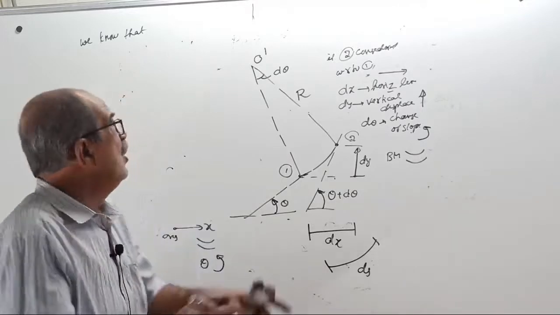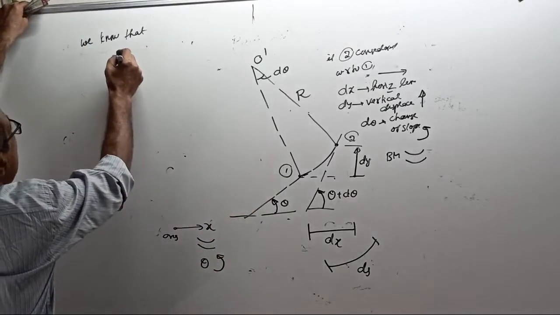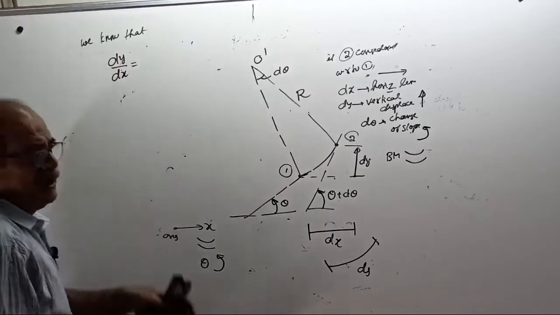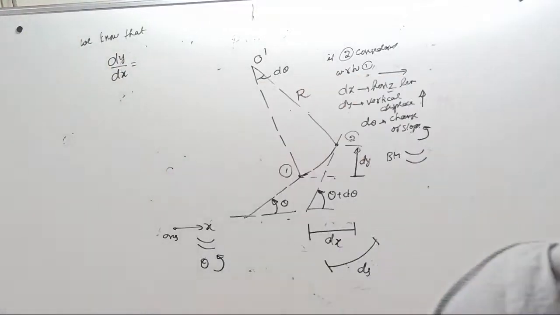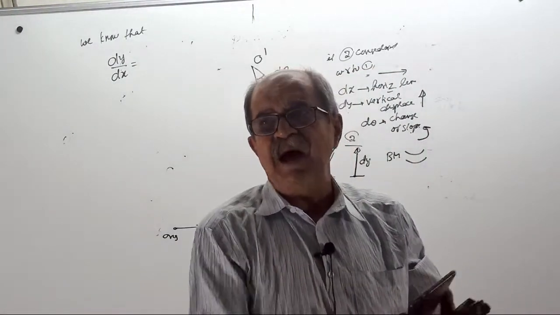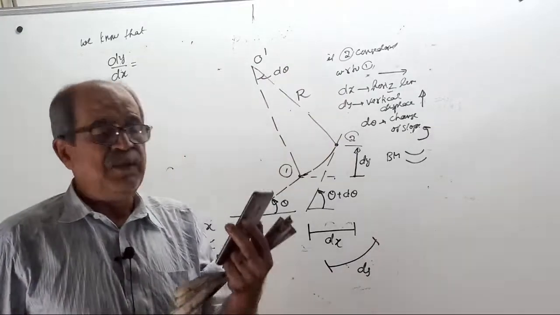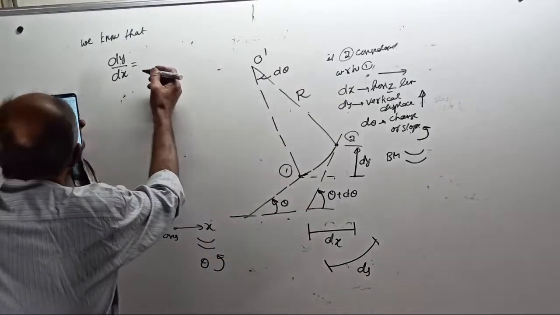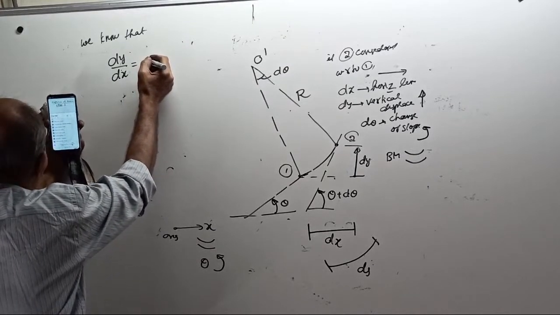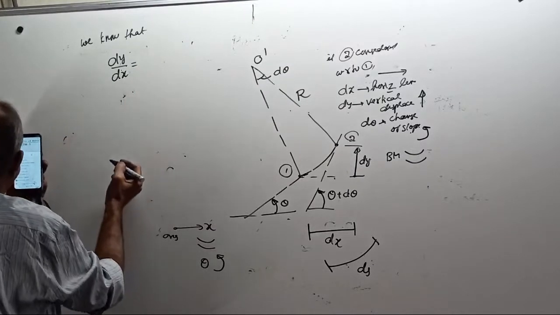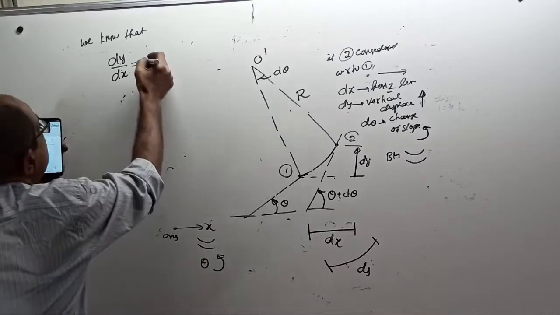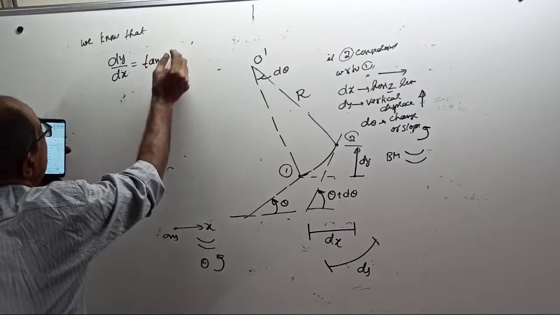Good. We know that dy by dx is always equal to, let the answer come. You should have that much mathematical knowledge. Dy by dx is equal to tan theta.